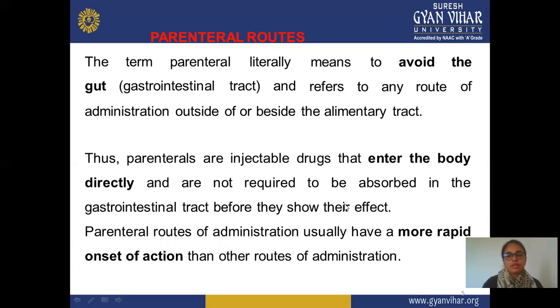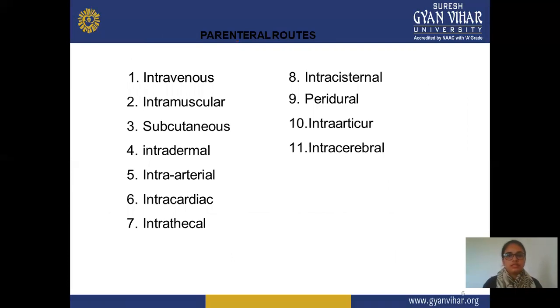These are some advantages, and these are the routes for parenteral drugs. First is intravenous, second is intramuscular, then subcutaneous, intradermal, intraarterial, intracardiac, intrathecal, intracisternal, peridural, intraarticular, and intracerebral. So these are the parenteral routes, where you can give the drug by a particular route, at a particular site.